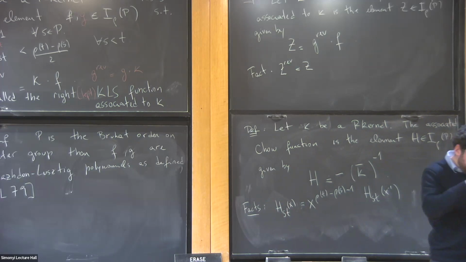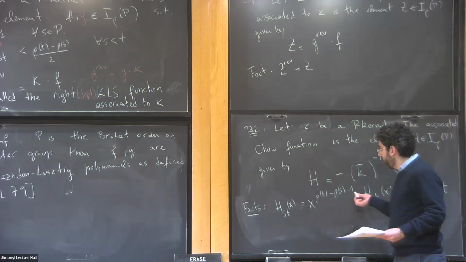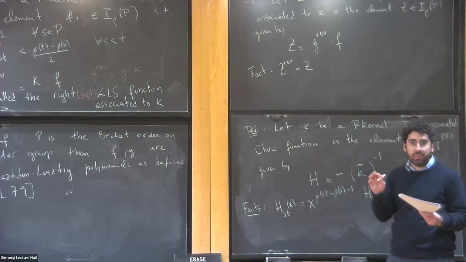So whenever you have a non-trivial interval, the polynomial H_{S,T} is palindromic with respect to this degree, which is dropping by 1.